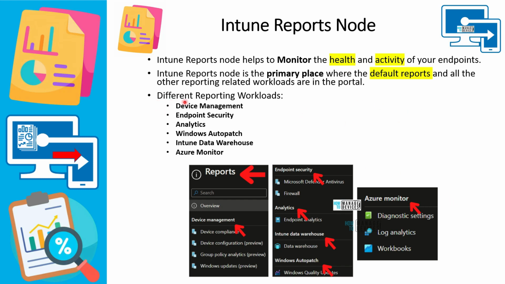And there are different kinds of reporting workloads as you can see over here. Device management kind of reports, then endpoint security reports, analytics reports, Intune data warehouse, Windows Autopatch kind of reports, and then advanced kind of reports with Azure Monitor, etc. Okay, let's move on.